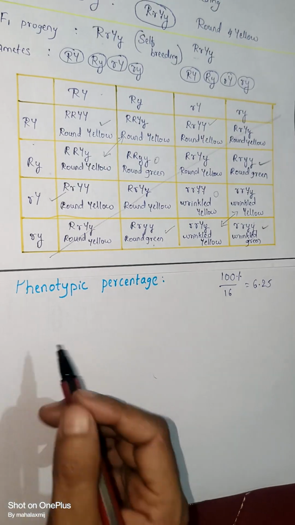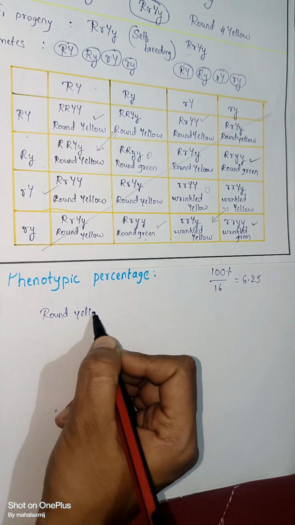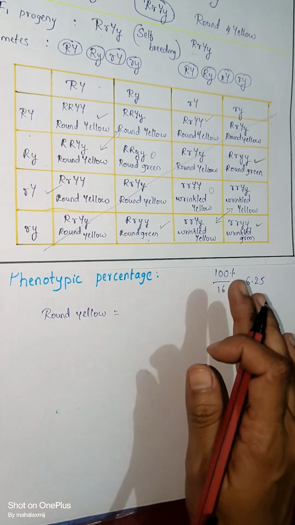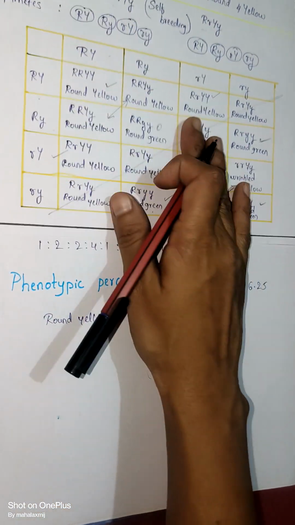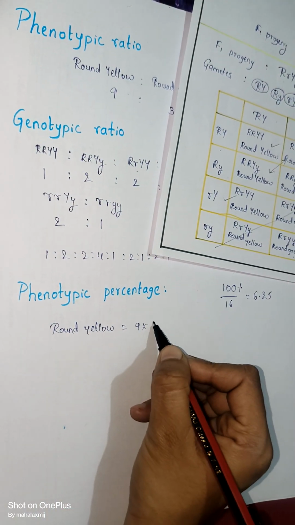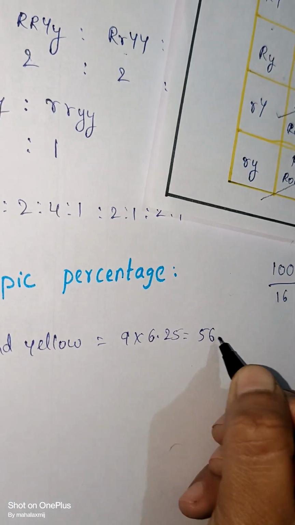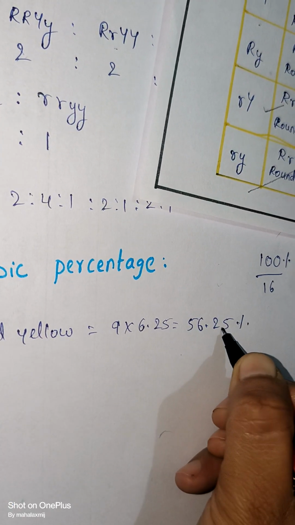Now if I want to find for round yellow, as it is a phenotypic percentage, I am talking about directly the appearance. So how many round yellow are we having here? 9. So 9 into 6.25, 56.25%.